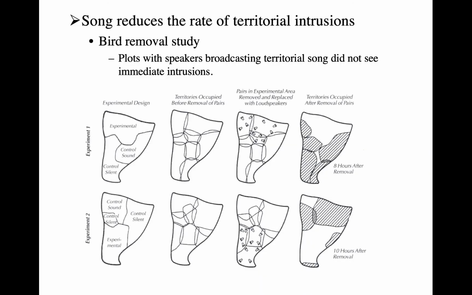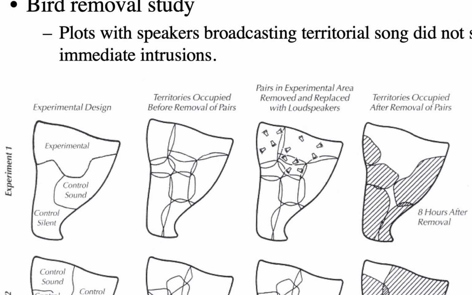Here's another study that demonstrated the importance of song to territorial defense. So let's concentrate on the top row of figures first. What they did in this study was they identified the territories of birds that were going to be part of the study and broke them up into three basic groups: an experimental group, a controlled silent group, and a controlled sound group.